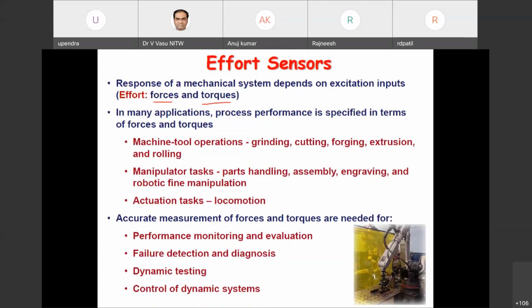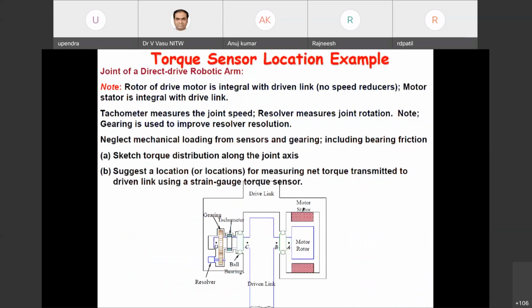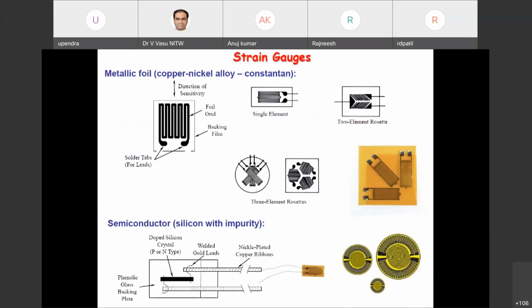These effort sensors or torque sensors mainly work on the principle of strain gauges, which are used for force and torque measurement. Here, a metallic foil of copper-nickel alloy, constantan, is wrapped in a pattern and placed on a cantilever beam.